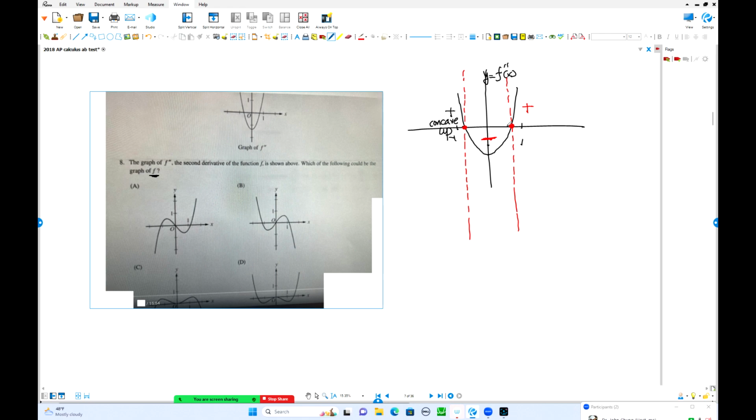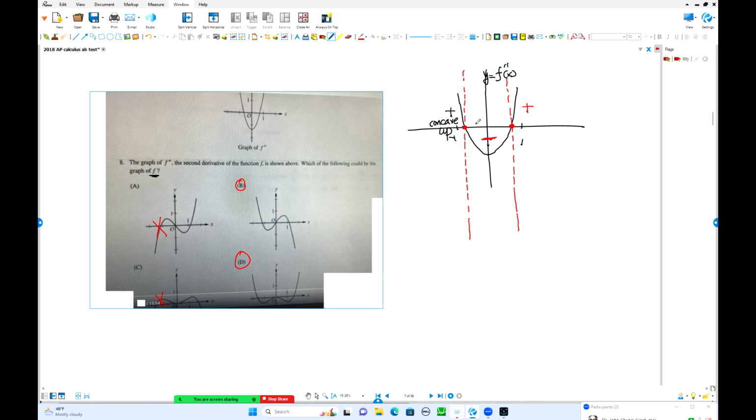Now let's do concave up first. This one is not concave up. This is concave down. This is concave down. This is concave up. B or C there. At this point, in the middle of here, they change their concavity, right?